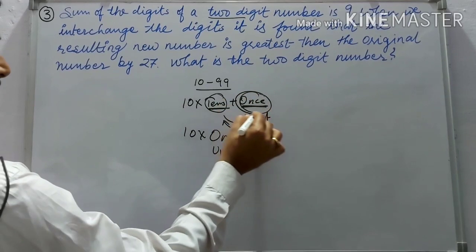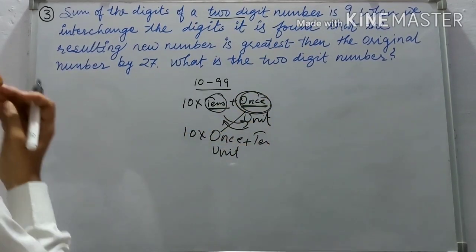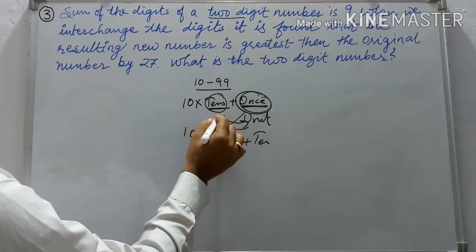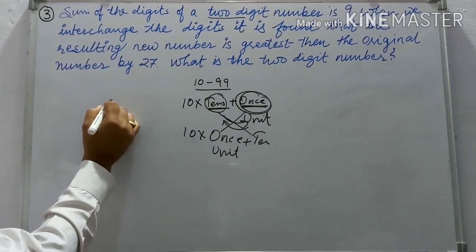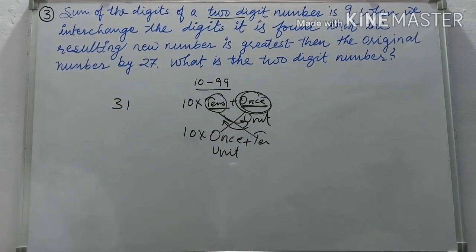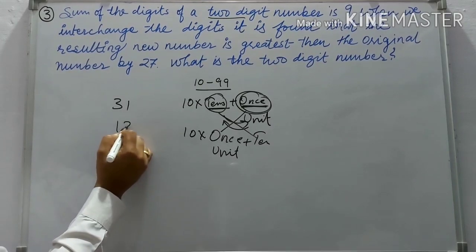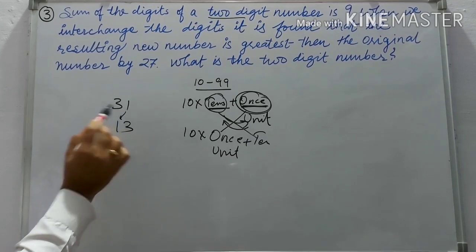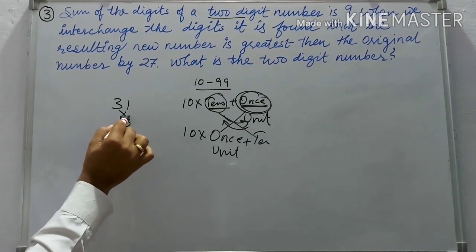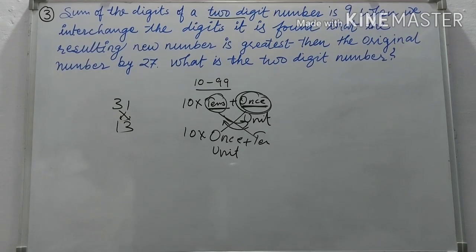The ones digit is changed into the tens place, and the tens digit goes to the ones place. For example, 31: 3 is the tens digit and 1 is the unit digit, and the interchanged number is 13. The 1 comes to the tens place and 3 goes to the unit place.